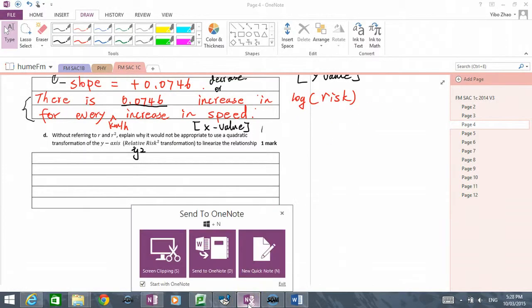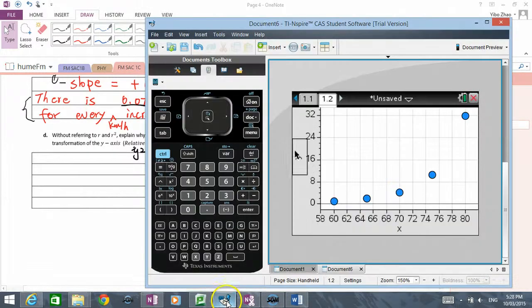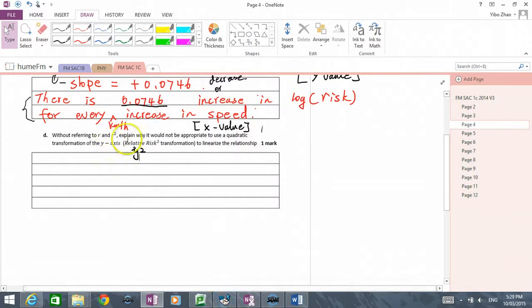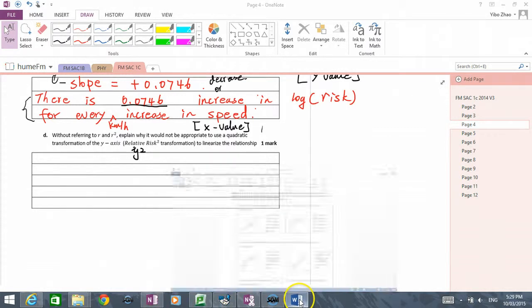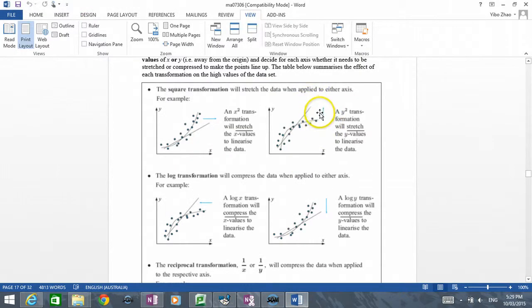By looking at this data, if I want to make those points linear on a straight line, I should drag the y values downwards. I should compress the y values. However, the transformation of y square makes the values go up, which is the opposite of what we want. So that's the reason.